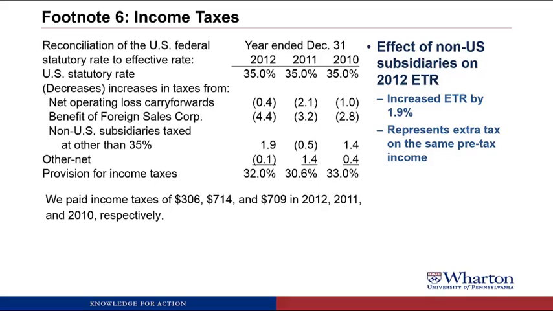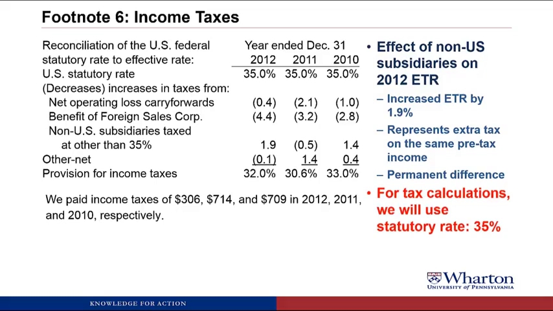So it's a permanent difference. It never reverses. And so it's one of the things that shows up in this reconciliation. And just as a reminder, for all tax calculations, we're going to use the statutory rate 35% because that effective rate of 32%, or 30.6% in 2011, is biased by the effect of all of these permanent differences, all of these unusual items listed in this table.